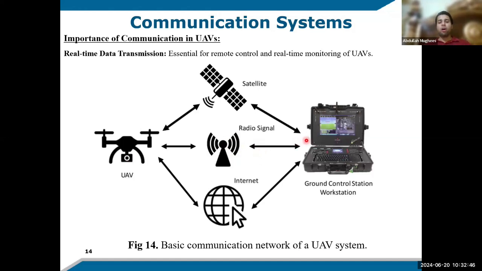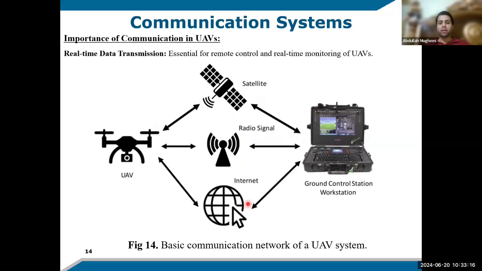That is why, as an alternative, we can use a satellite network. If my radio signal is blocked for whatever reason, I can shift back to the satellite system. But the satellite system might be a bit slow, and my commands are sent in a delayed version. I can use the internet, but if there is no internet connectivity in a remote area, I have to switch between communication networks intelligently.